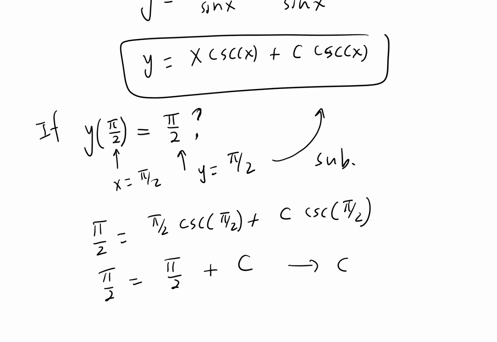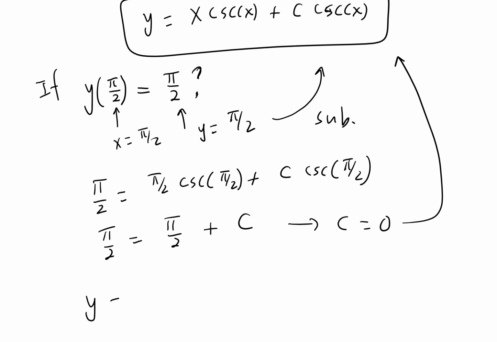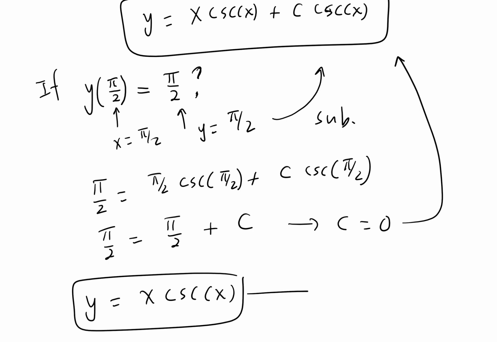So c is 0. Then you put it back in, and that gives us x cosecant of x. This is called the particular solution. And the one that we found earlier is called the general solution.